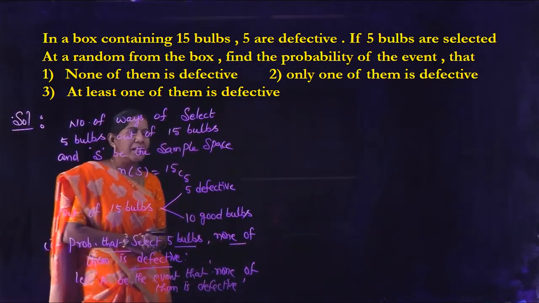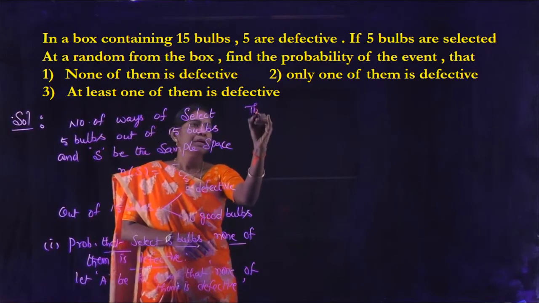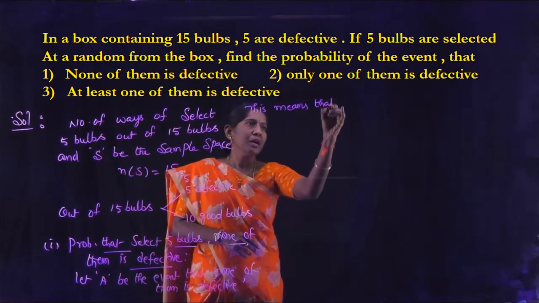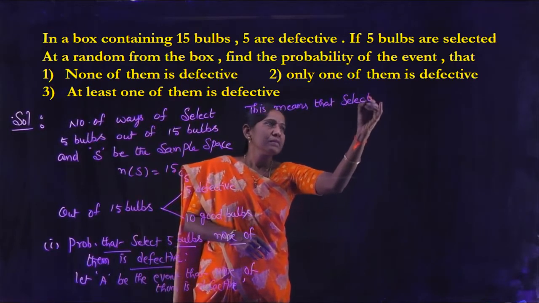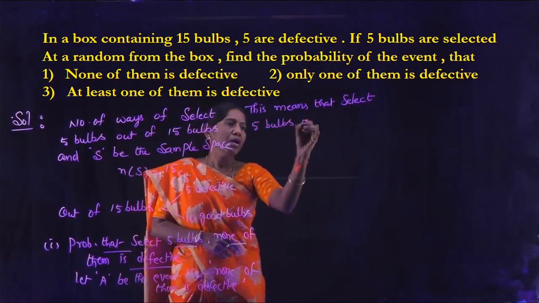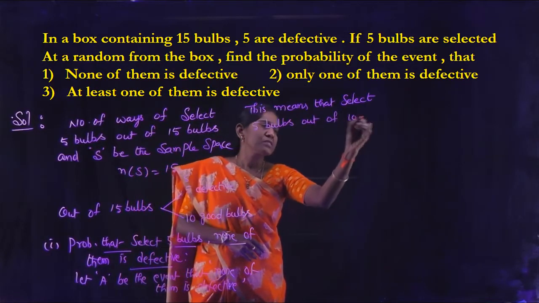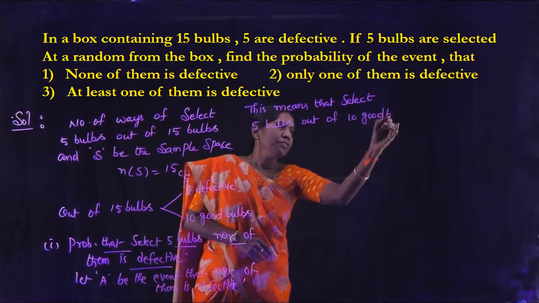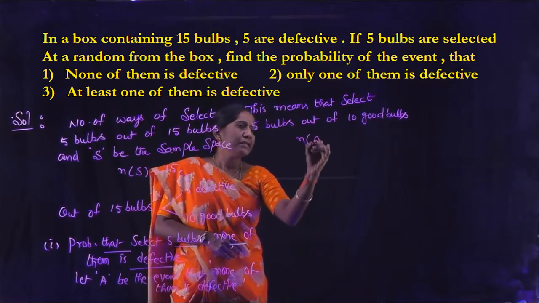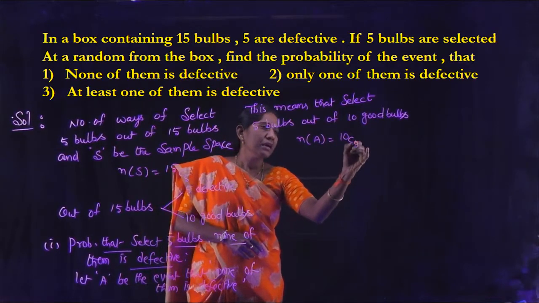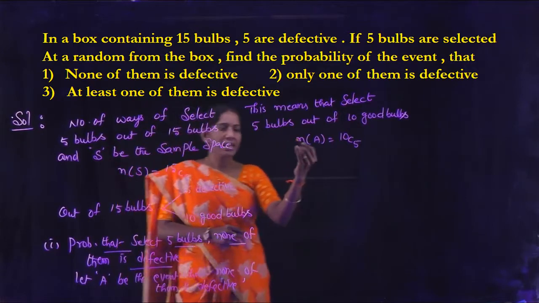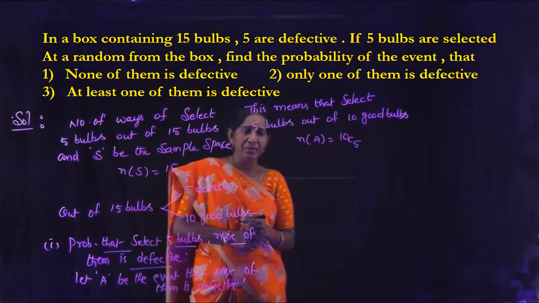This means we select 5 bulbs out of 10 good bulbs. This can be done in 10C5 ways. Here we consider this as event A, so N of A is equal to 10C5.